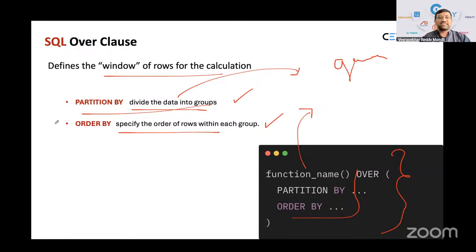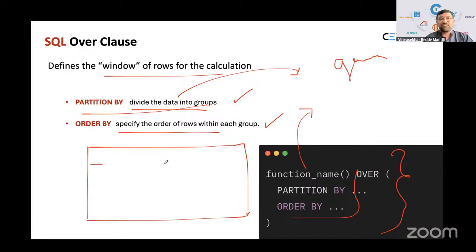Let's say, for example, there is a table. Let's try to understand. In this table, we have columns: ID, employee name, salary, and department.